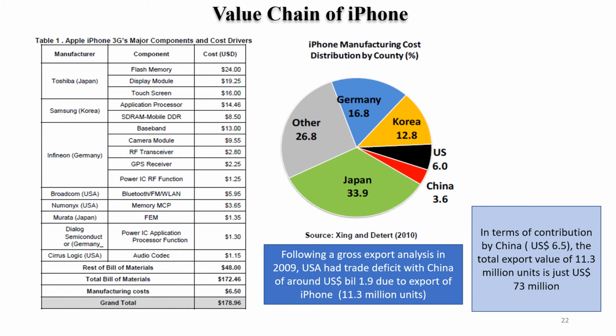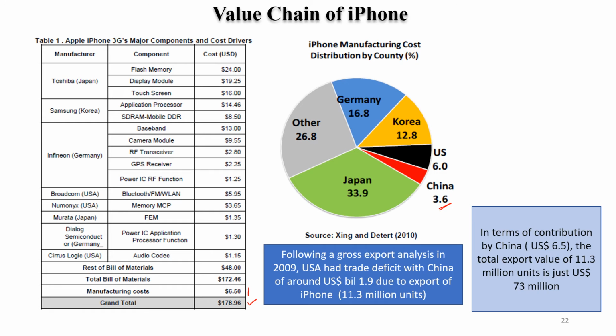In this slide, you can see the major components and the cost drivers to produce Apple's iPhone, and the contributions of different companies located in different countries. The total cost of production is around $180, to be precise $178.96, and China's contribution is $6.5, which is just 3.6% of the total cost.